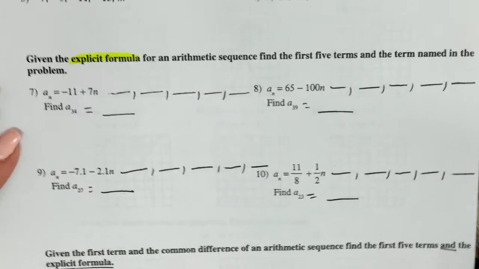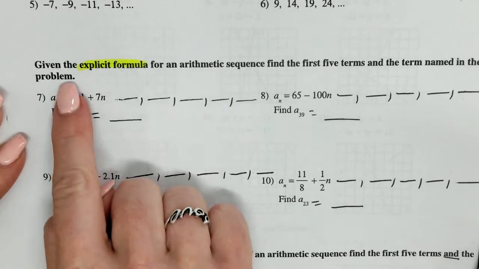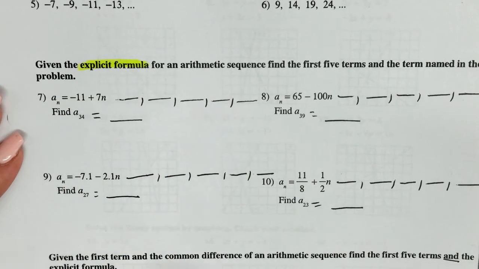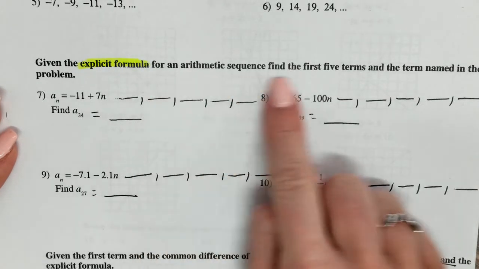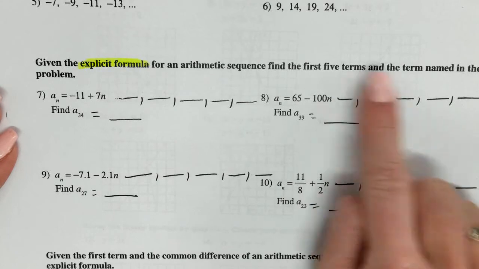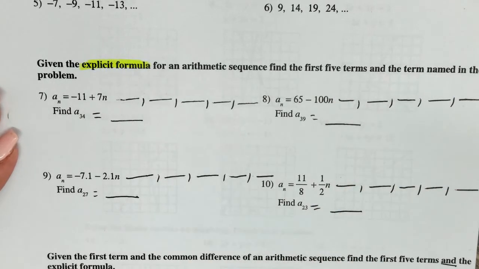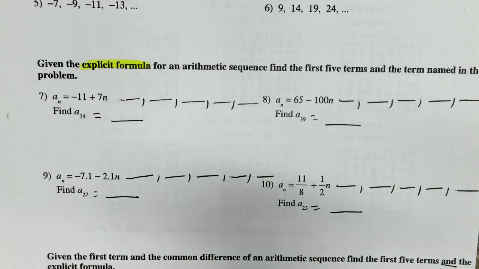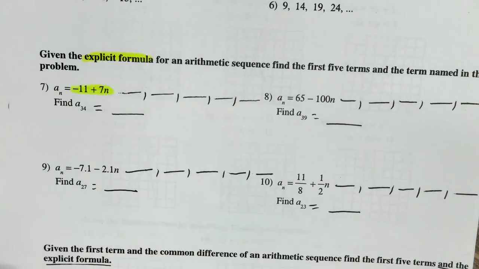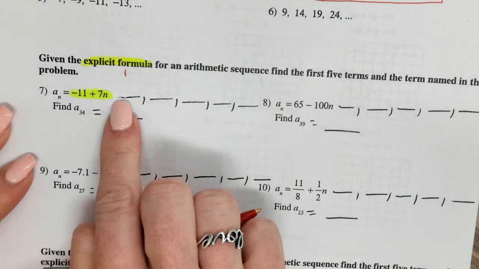Okay, so everybody look. It says, given the explicit formula, they gave it to you. They want you to find the first 5 terms and the terms named in the problem. So this is going to be the first term.